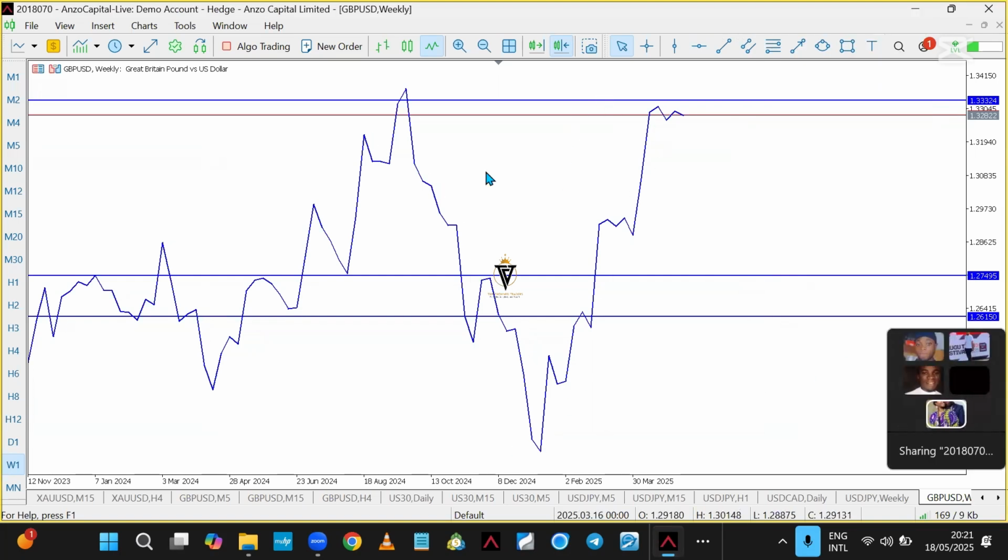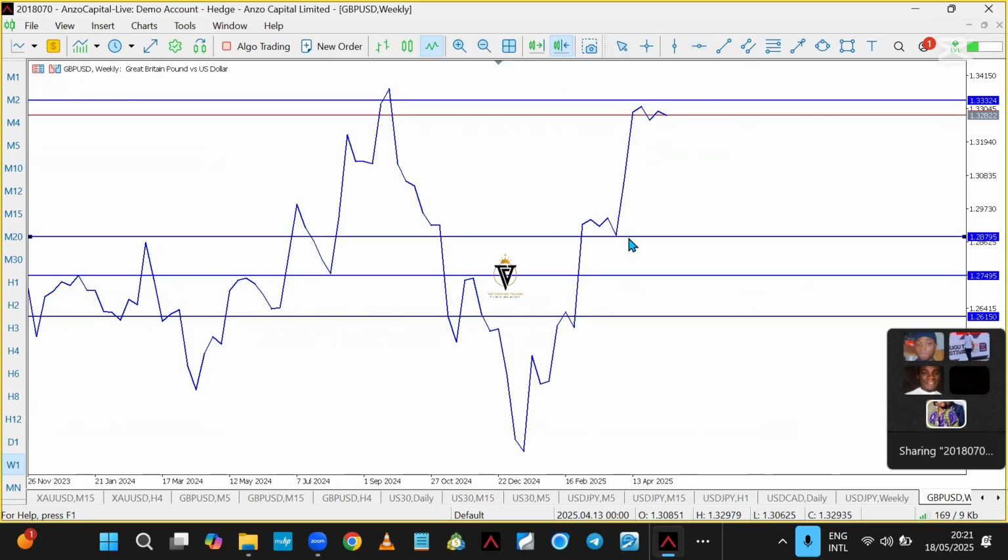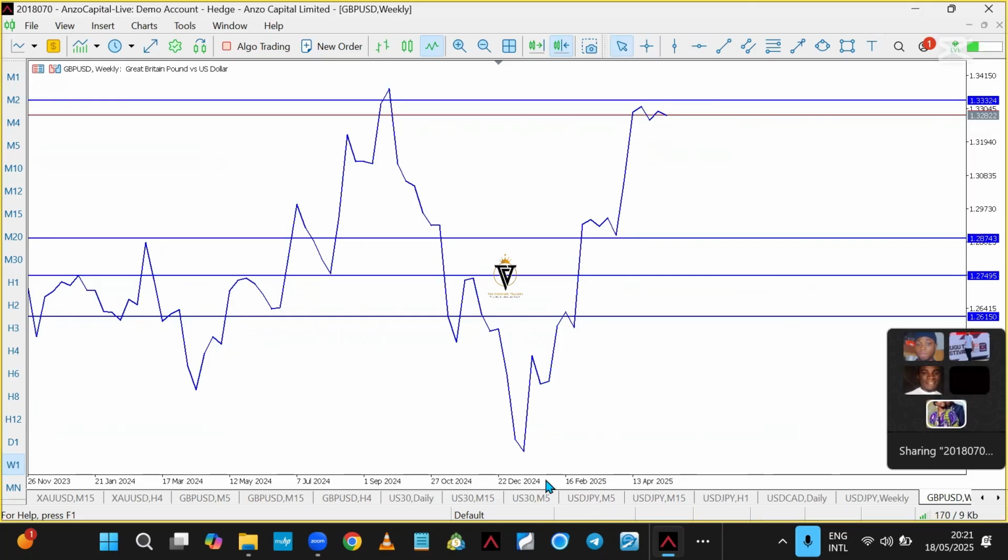So this is weekly time frame. Let's pick 2 levels above price, 2 levels below, 3 levels above price, 3 levels below price. So let's see. This is the level I'm seeing here and here.